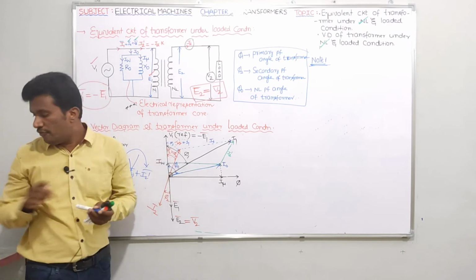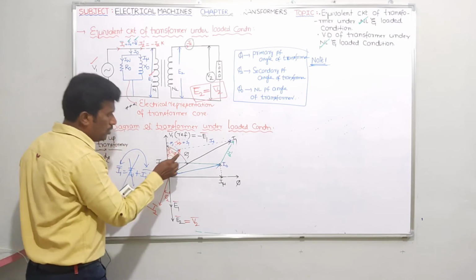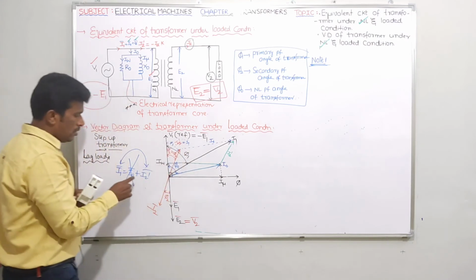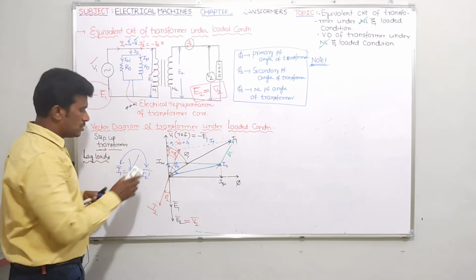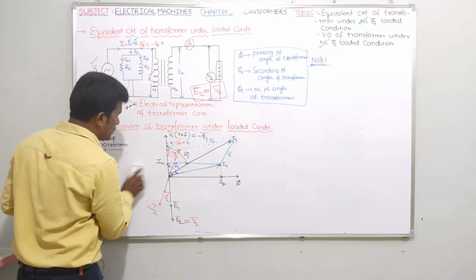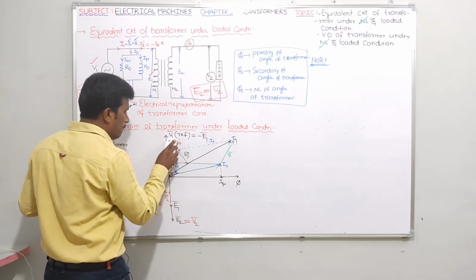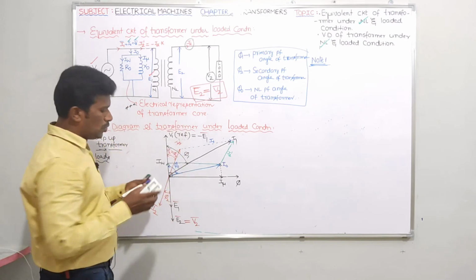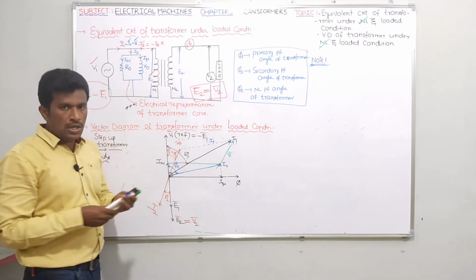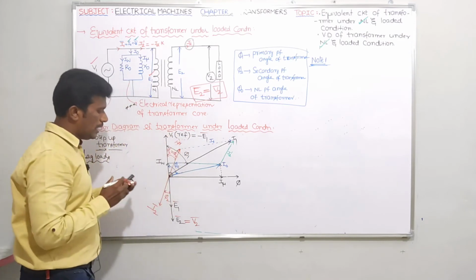So phi 1 will be equal to phi 2 when I2 dash equals I1, when I0 is neglected. So the primary power factor angle phi 1 and secondary power factor angle phi 2 are not equal due to I0.